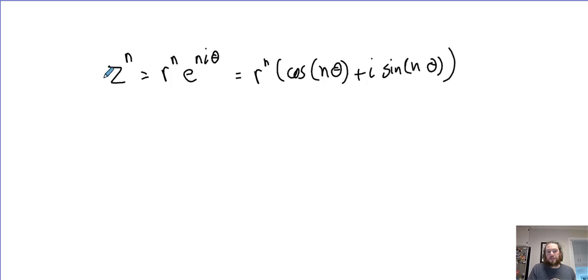And we refer to this as de Moivre's theorem.